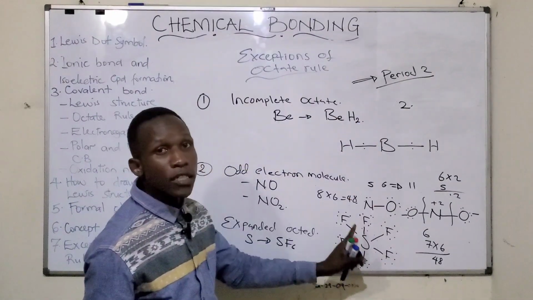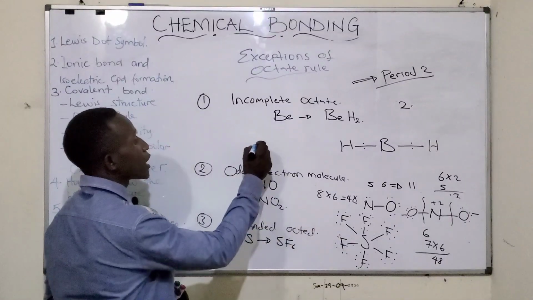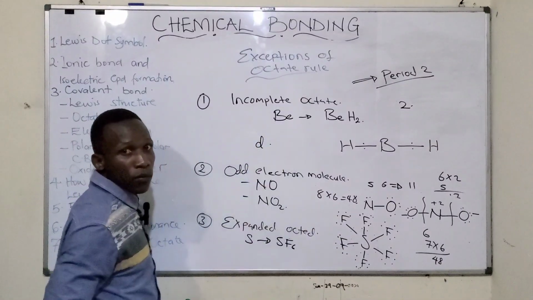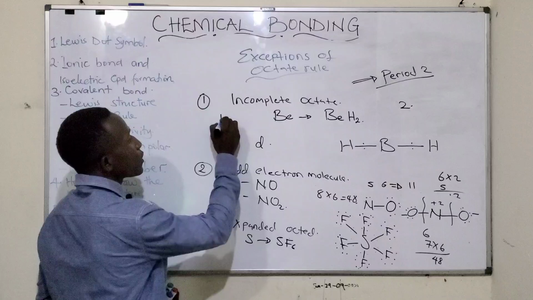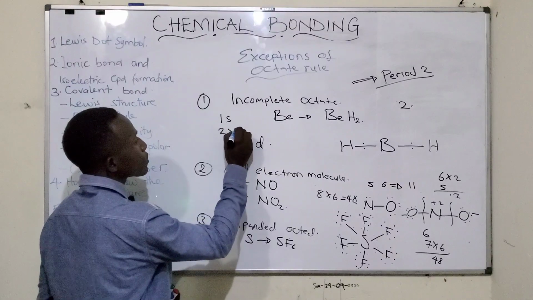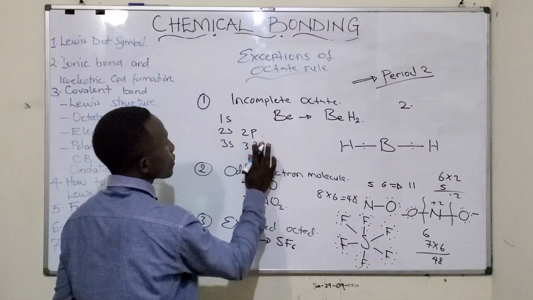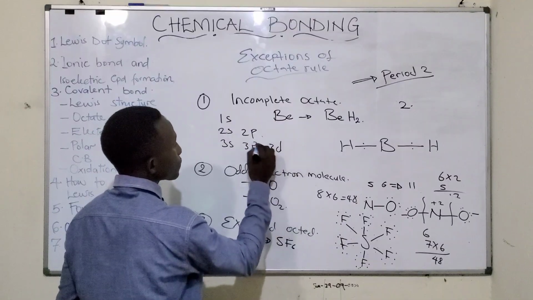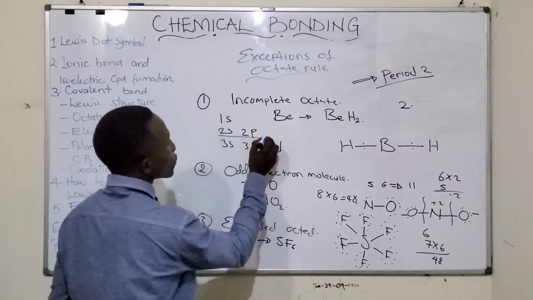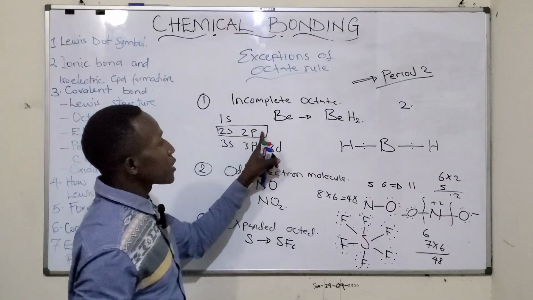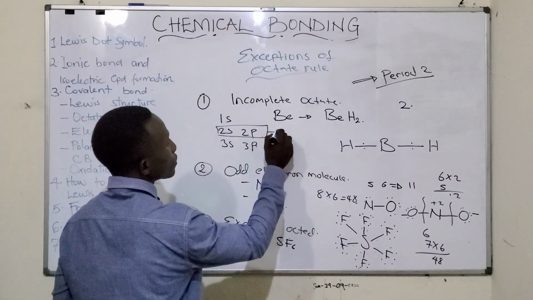And this sulfur is in period 3, meaning that it can use more orbitals. Because if you have 1s, 2s, then 2p, 3s, 3p, and 3d. The maximum number of electrons in the second period is 8.